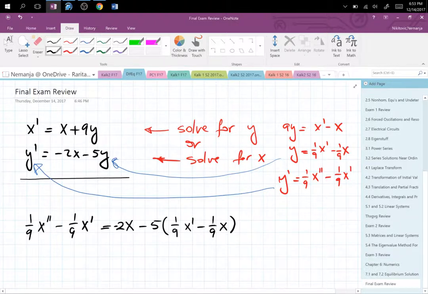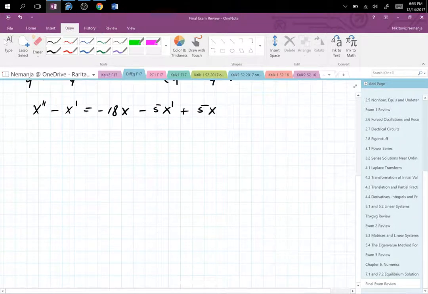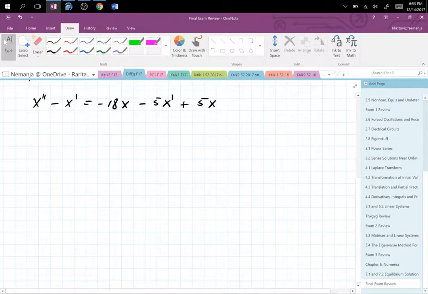Now I'm going to multiply the entire problem by 9 and get x double prime minus x prime is equal to negative 18x, and then minus 5x prime plus 5x. So this 9 is going to kill all of the fractions. Combine everything on the right hand side.